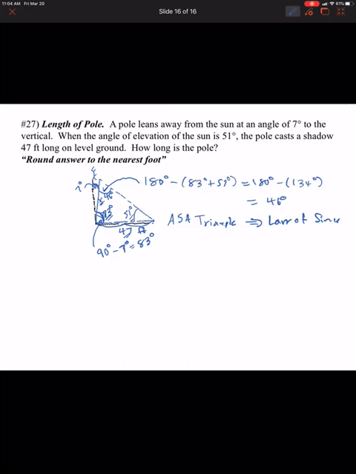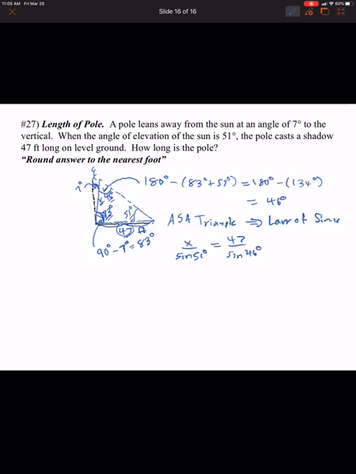What do we know about the law of sines? Sides are proportional to the sines of the opposite angles. So X divided by the sine of its opposite angle, 51 degrees, is equal to a ratio we know both pieces for: 47 divided by the sine of 46 degrees.